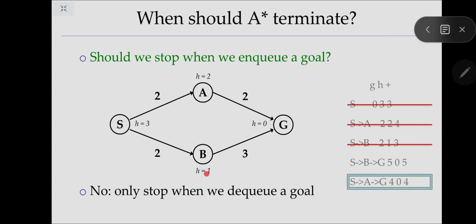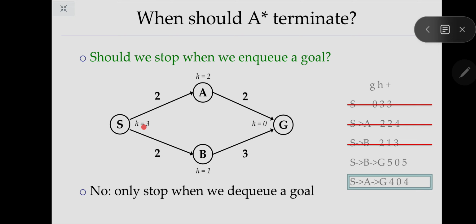The heuristic is 1. 1 is strictly less than 3. Thus, again, the heuristic of B is admissible. And for S, the exact cost between S and G is 4. The heuristic is 3. 3 is strictly less than 4.